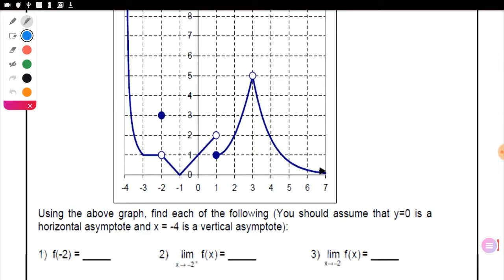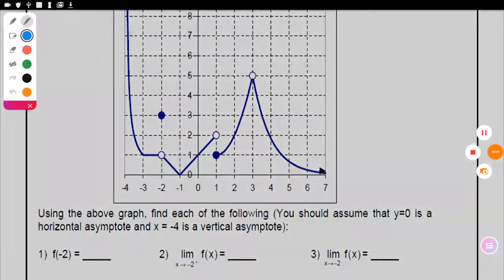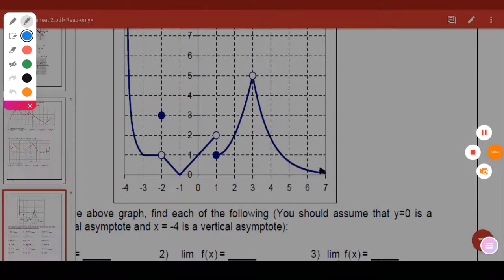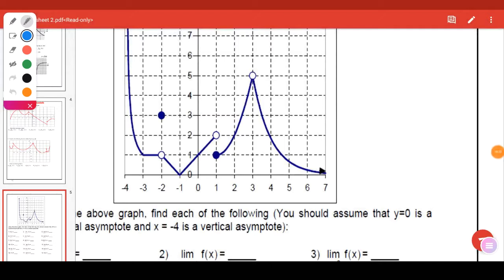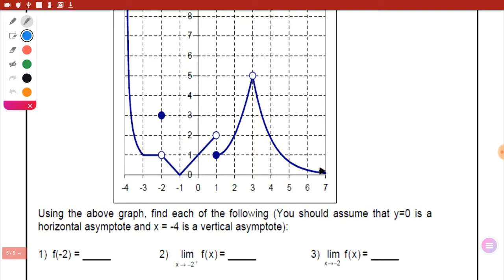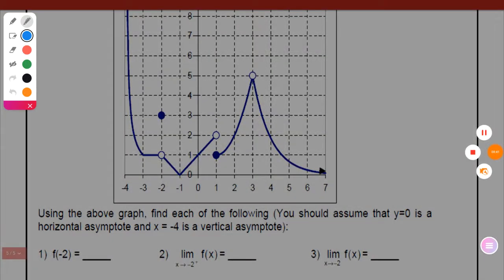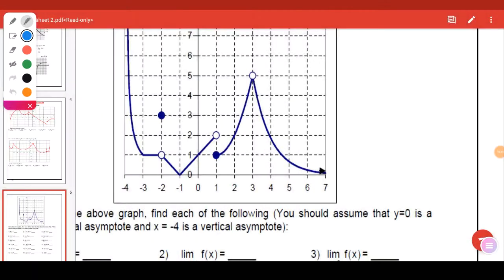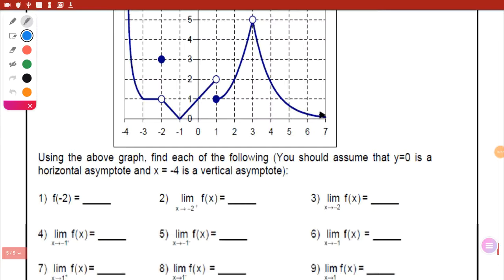This problem is very important, and we have to read the question. Before I solve any problem, you have to read the head of the question well. Look here, in this problem: using the above graph, find each of the following.